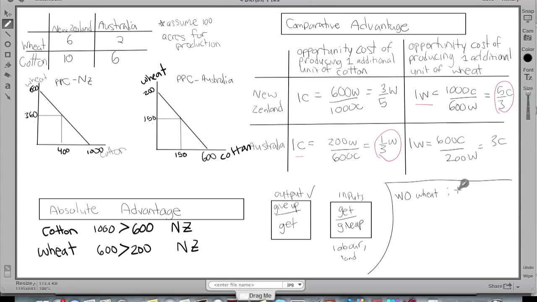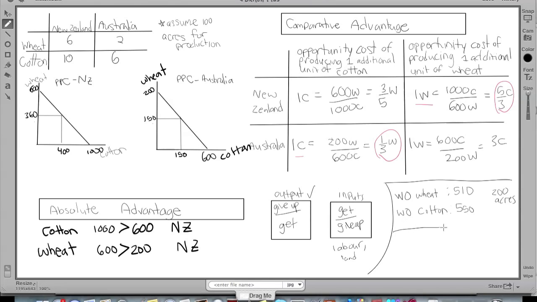So that would be 510. And then the world output of cotton would be 150 plus 400. So that is 550. Okay? But now, and this is using 200 acres. Because it says assume 100 acres for production. So we're saying that each country is using 100 acres. So that's with 200 acres.